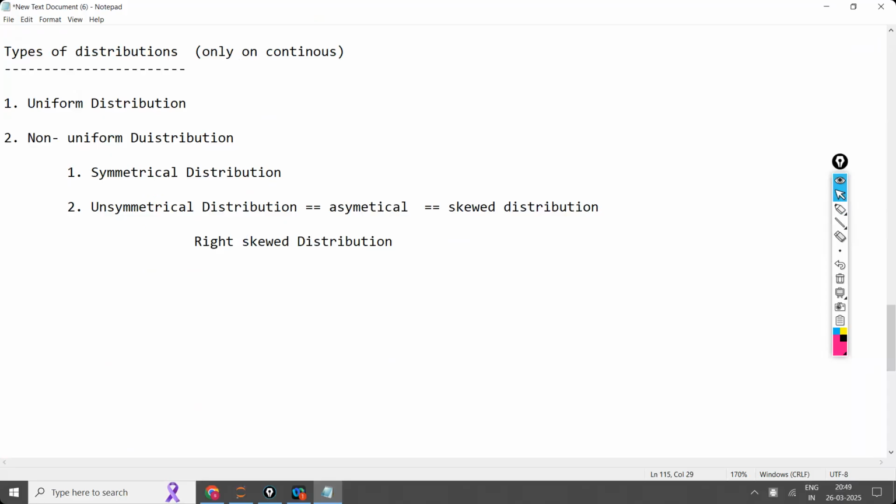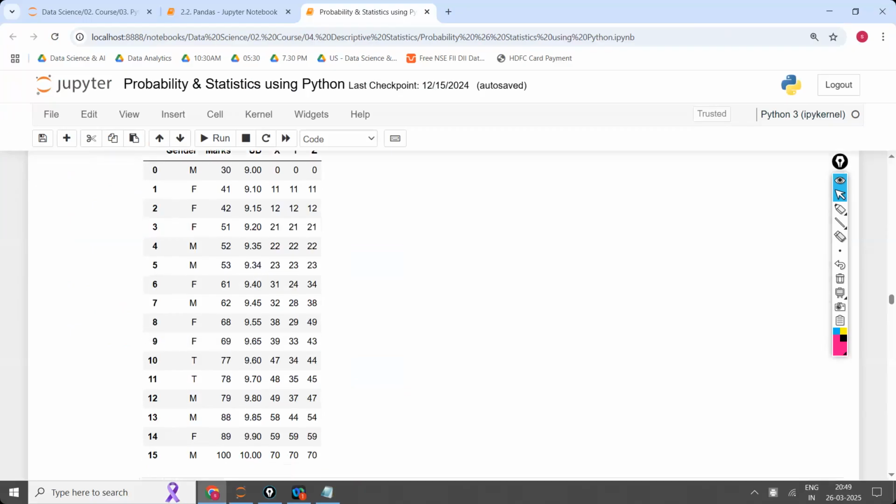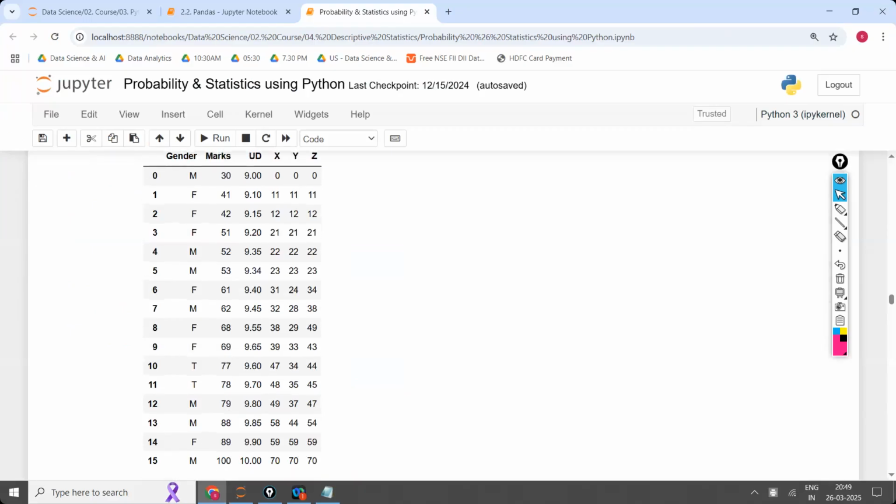The last one, one column is left. Draw the diagram for the Z column. Completed?